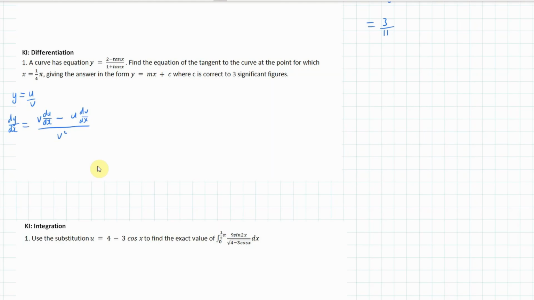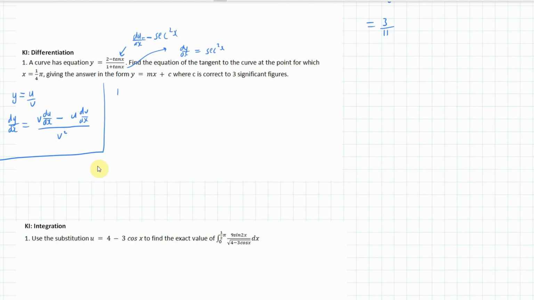Now we can just use this. So if we are to differentiate this one here, du/dx would be minus sec squared x. And if we're to differentiate this one, that's just simply sec squared x. So let's put it all together.